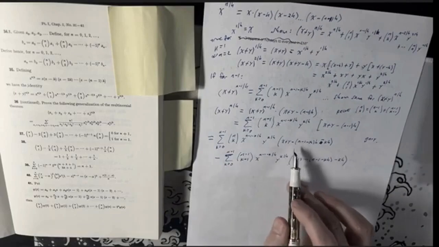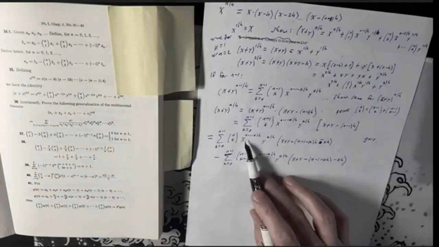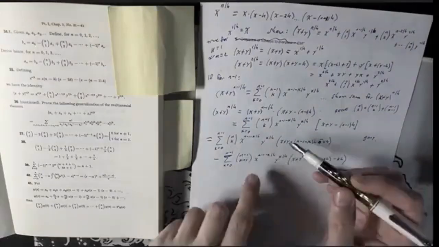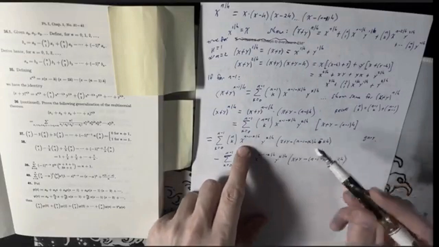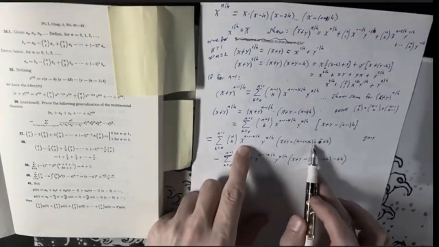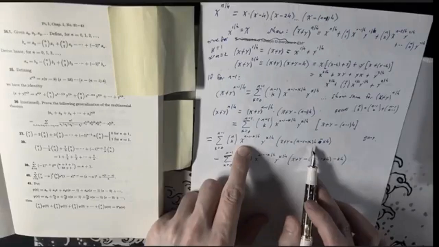So if I distribute this in, for each one of these terms that I used to have, now I have this guy increasing to x to the n minus k. You know, we added another factor of x minus thing times h.